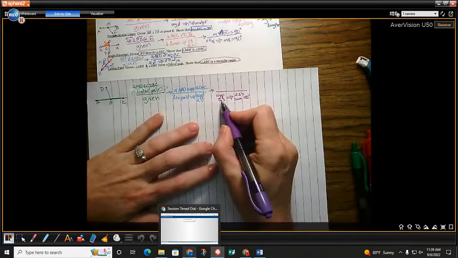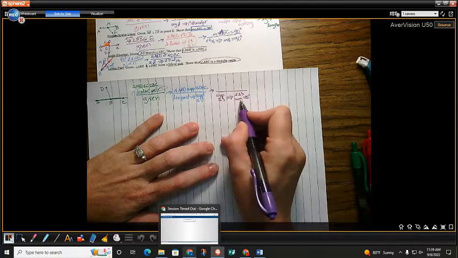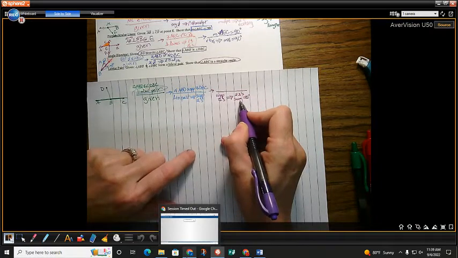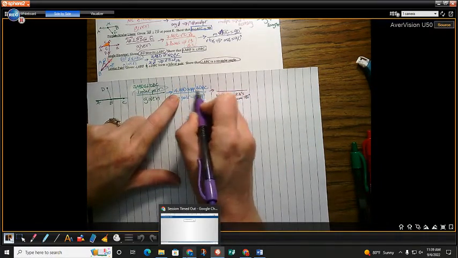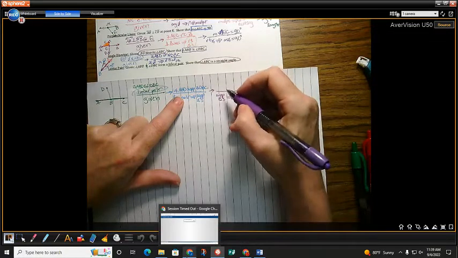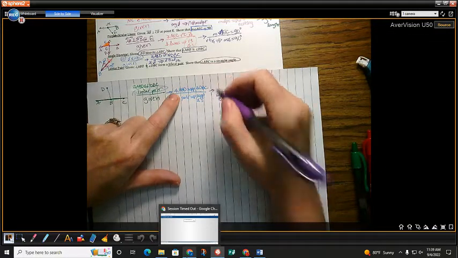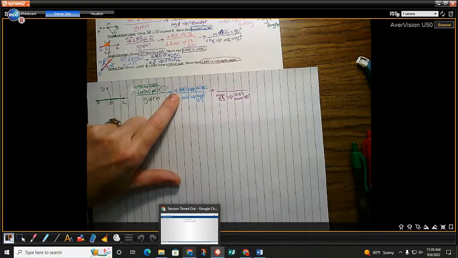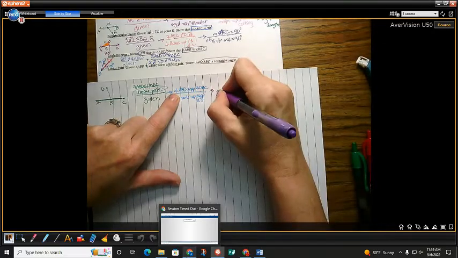So now that I know that supplementary angles should lead me to two angles adding to 180, here are my supplementary angles. What angles am I going to say add to 180? ABD and DBC. But can I add angles? No, I have to add their measures.